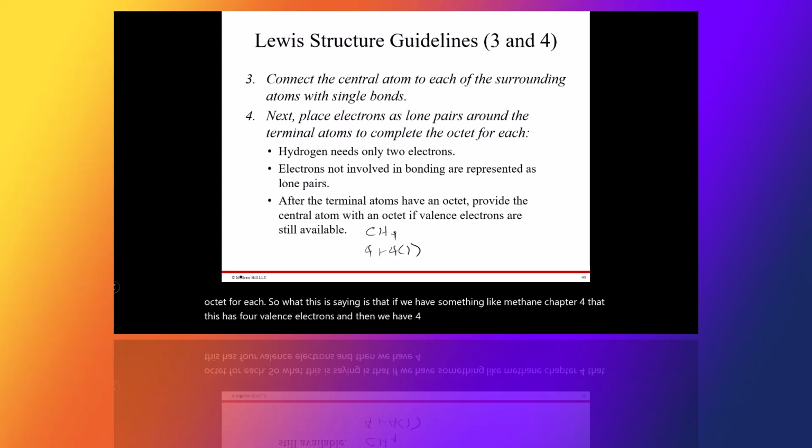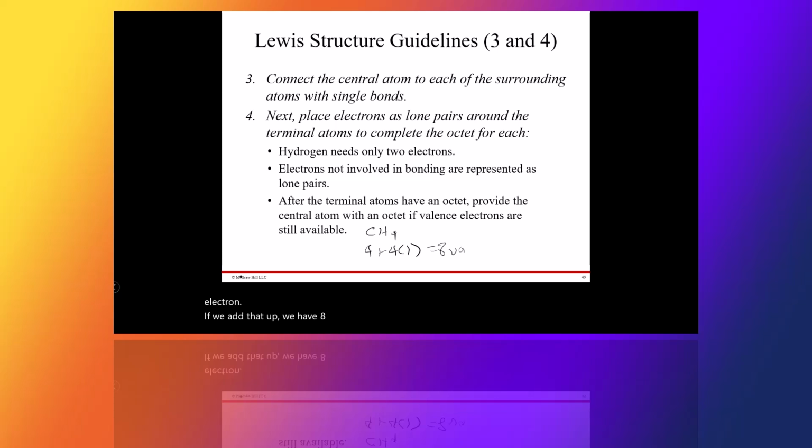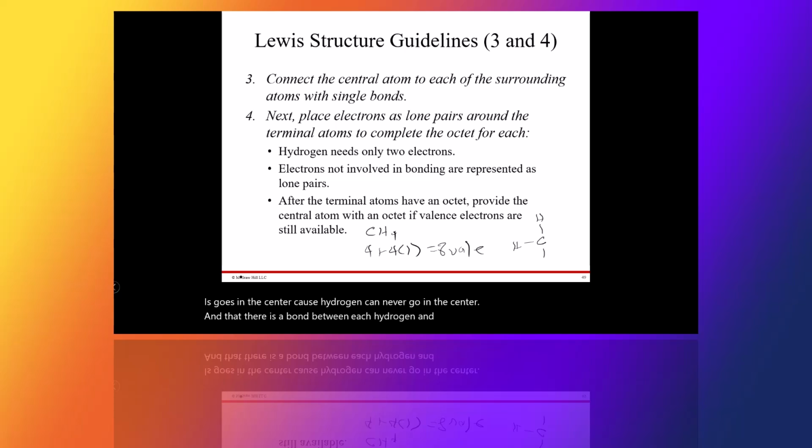Each one has 1 valence electron. If we add that up, we have 8 valence electrons. So carbon goes in the center because hydrogen can never go in the center. And you know that there is a bond between each hydrogen and carbon. So that's what the single line represents.